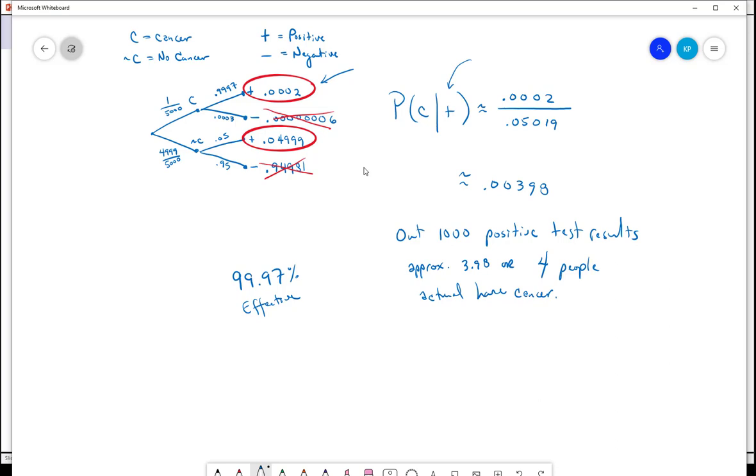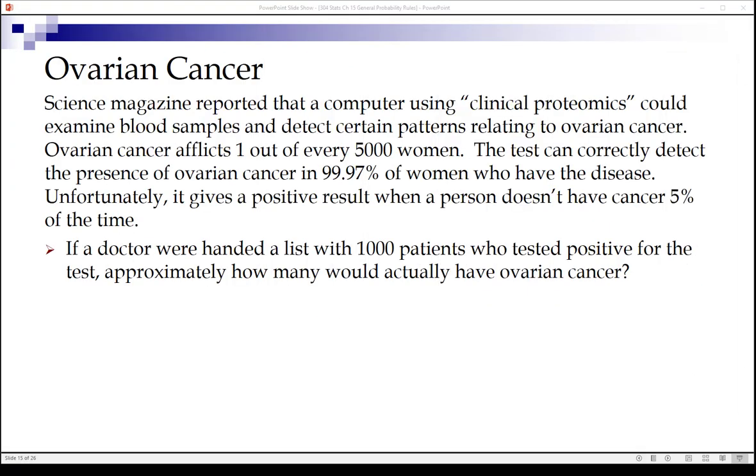But we have to be careful. When you take a test and they say it's 99.97% effective or accurate, that 99.97% is not what you might think it is. So if they tested positive, what's the probability that they actually have the cancer? Well, 4 out of 1,000. And that's not very high.